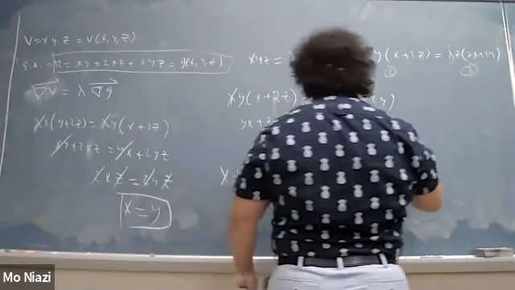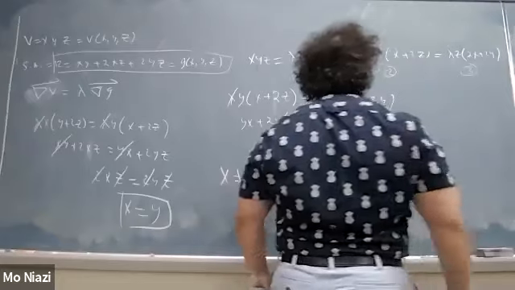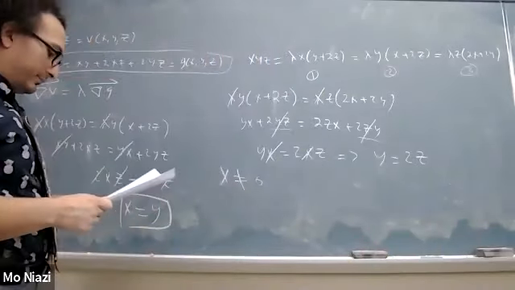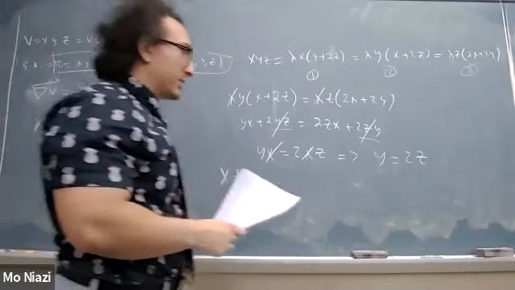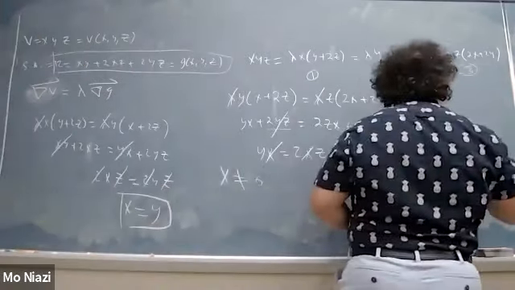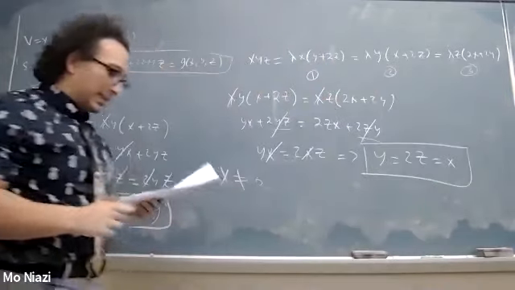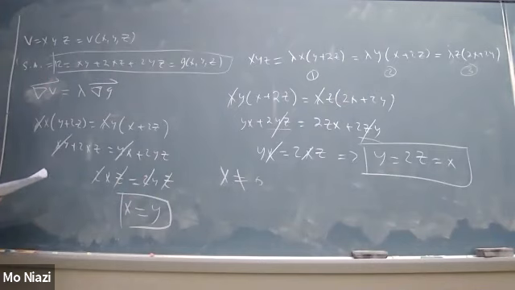And it's okay to do that. We get y is equal to 2z. All right. But y and x are the same, so 2z is also equal to x. All right. So we get that equation, which is really good, because what can we do now?